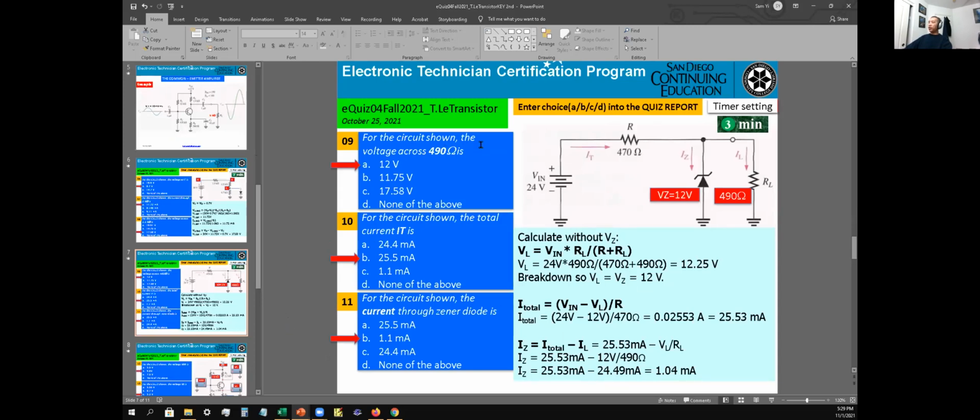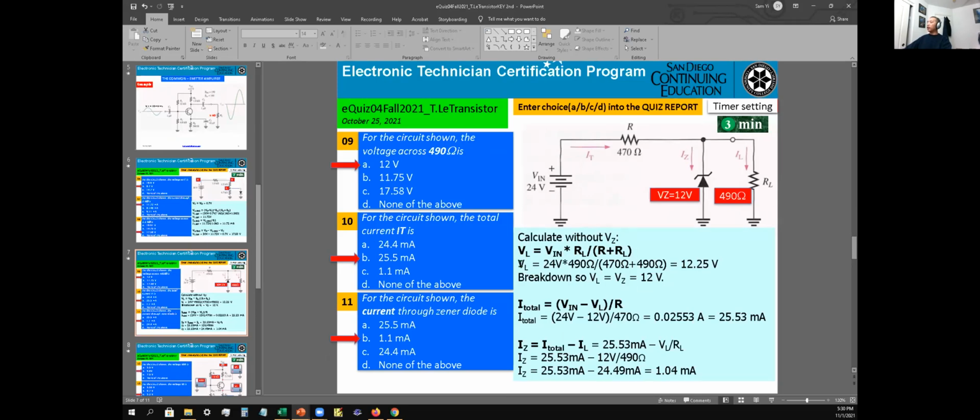Okay, for the circuit shown, the voltage across the 490 ohm load resistor is, so when you're doing this calculation, the first thing you want to do is ignore this one first and calculate just what the voltage would be at the output. That represents the voltage divider. So VL equals VIN times RL divided by the quantity R plus RL.